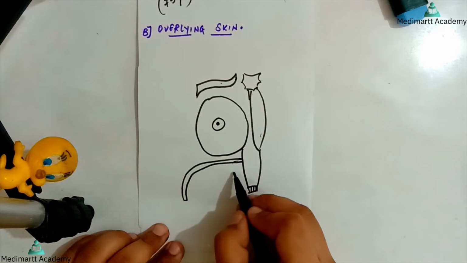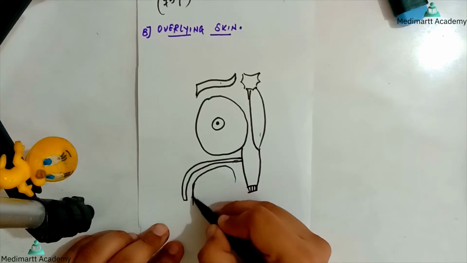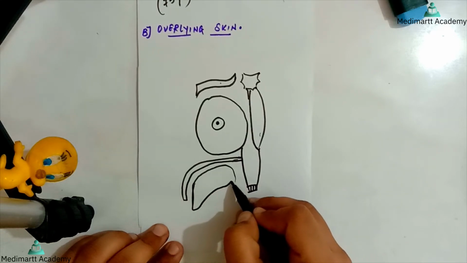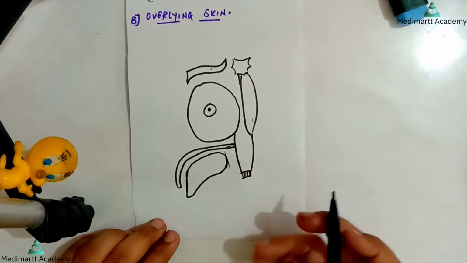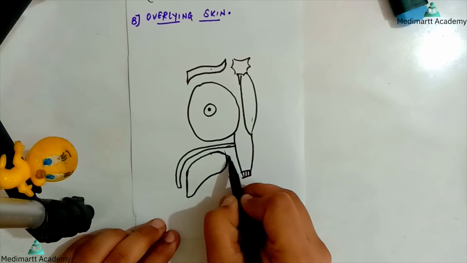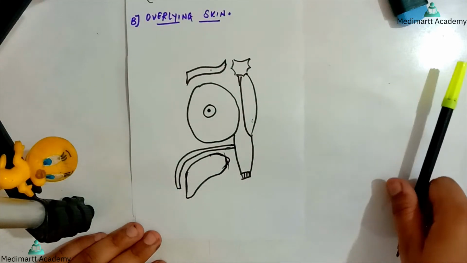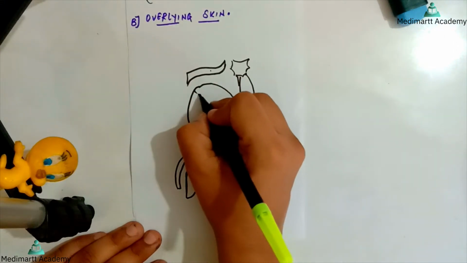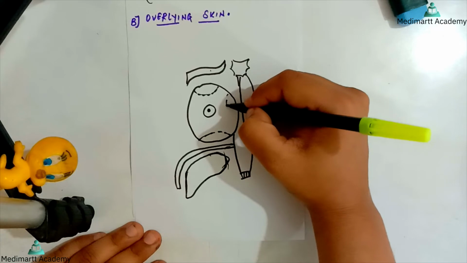And here I will draw the liver. My liver is not very good over here, so just please adjust somewhat. Okay, so I'll draw the group, outer group, lower group, inner part.